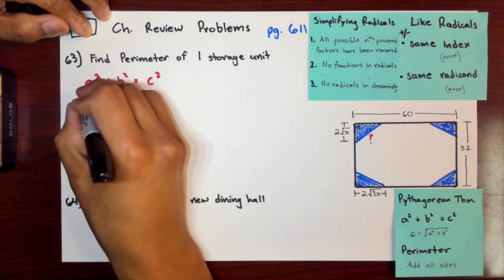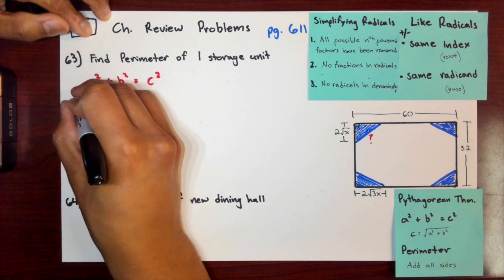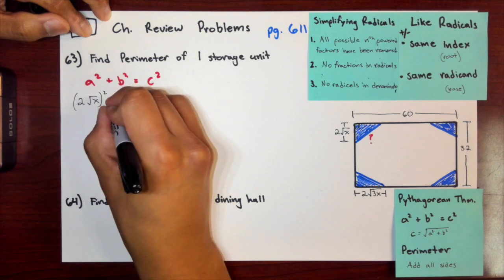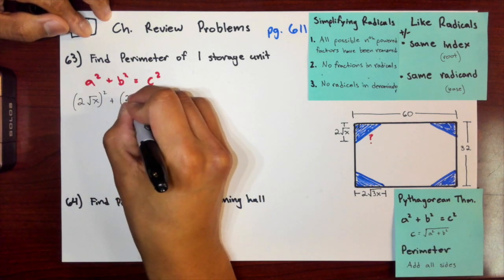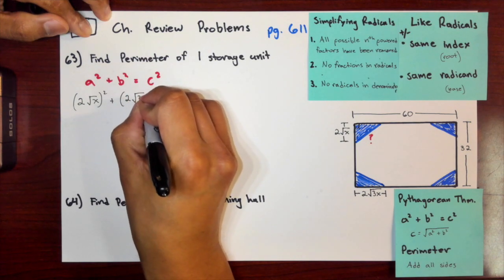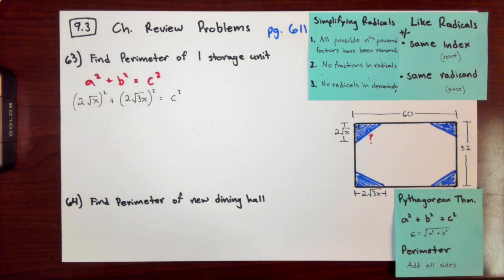Okay, so a, here we have 2 square root of x, and now that has to be squared, plus b is going to be this side, which is 2 square root of 3x, and that's going to be squared, and that's going to give us c squared. It doesn't give us c, it gives us c squared, so make sure that you do that correctly.